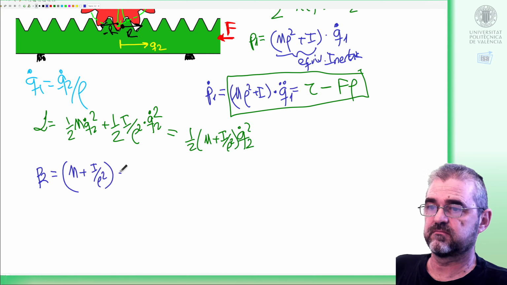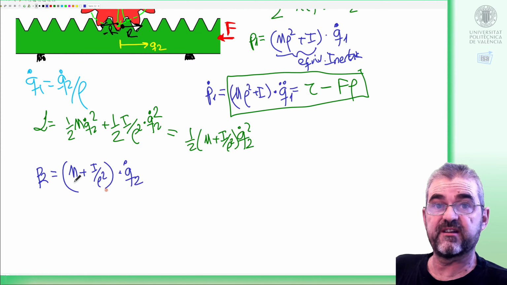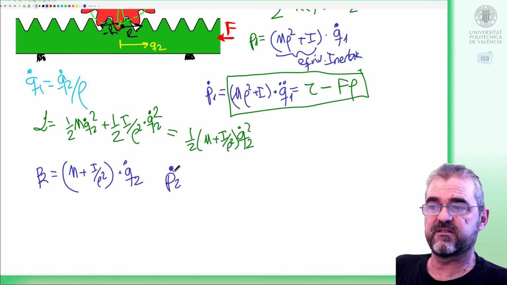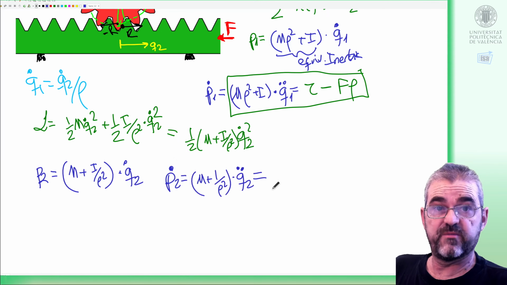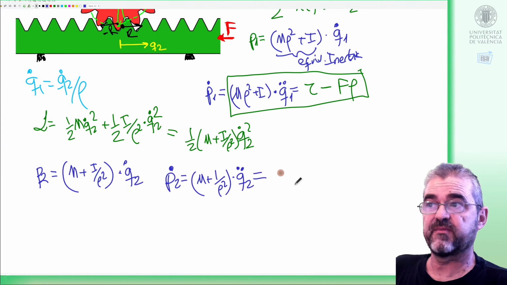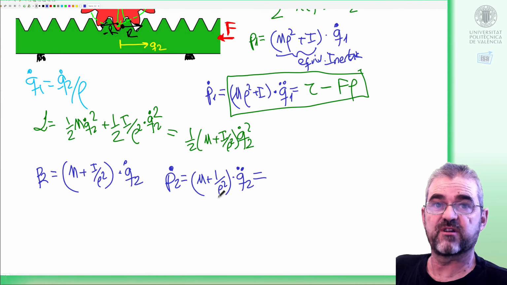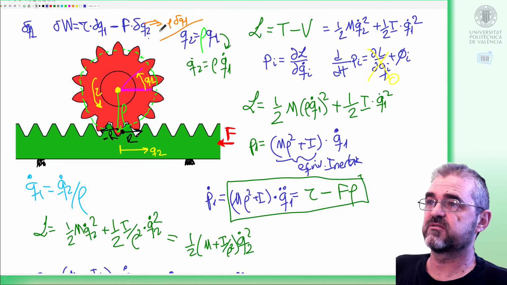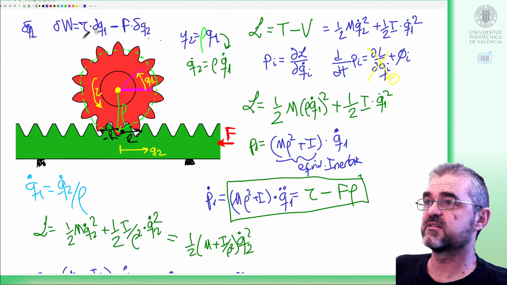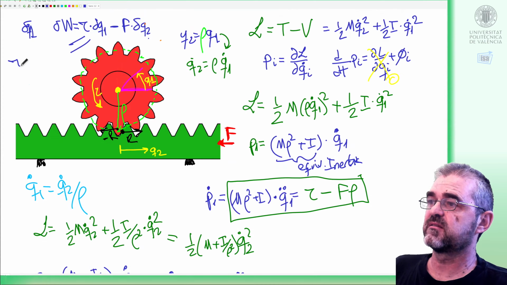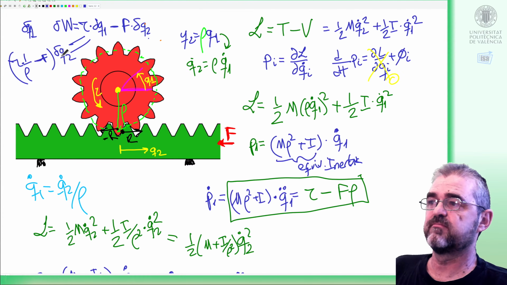It will be this equivalent mass times linear velocity, so its time derivative will be equivalent mass times linear acceleration, and that will be a force balance that I will express with some virtual work considerations, which in this case will end up being tau times 1 over rho minus F, times delta Q2.